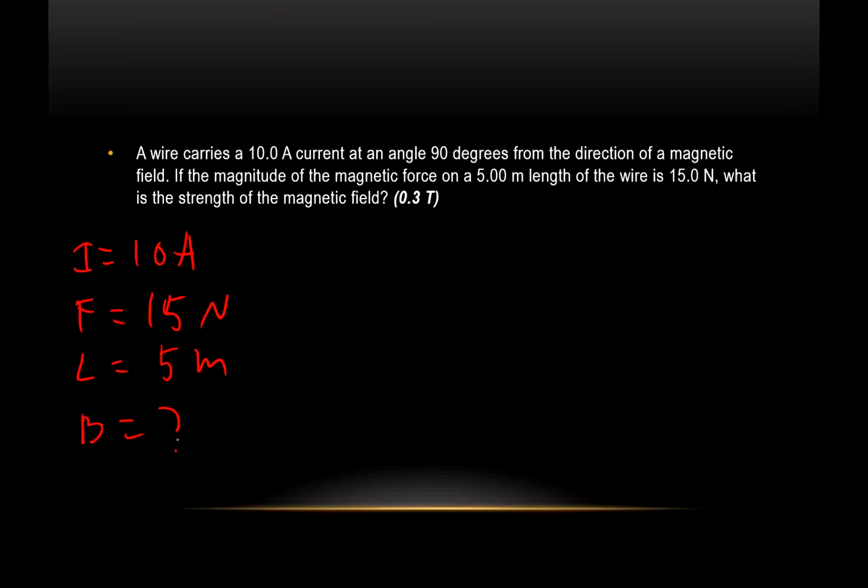Okay, so let's go over to my equation sheet. I'm going to use F equals BIL. In this case, I'm not looking for F. I know that. I'm going to rearrange the equation. So I need to get B by itself. Just like always, we need to isolate it.